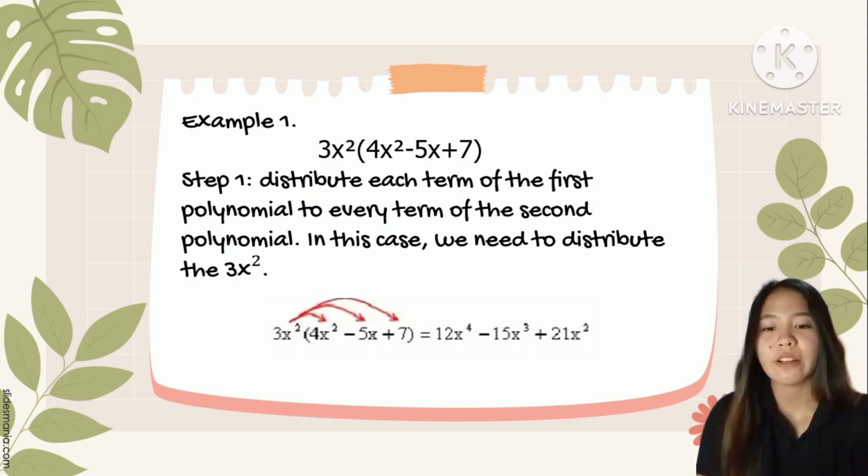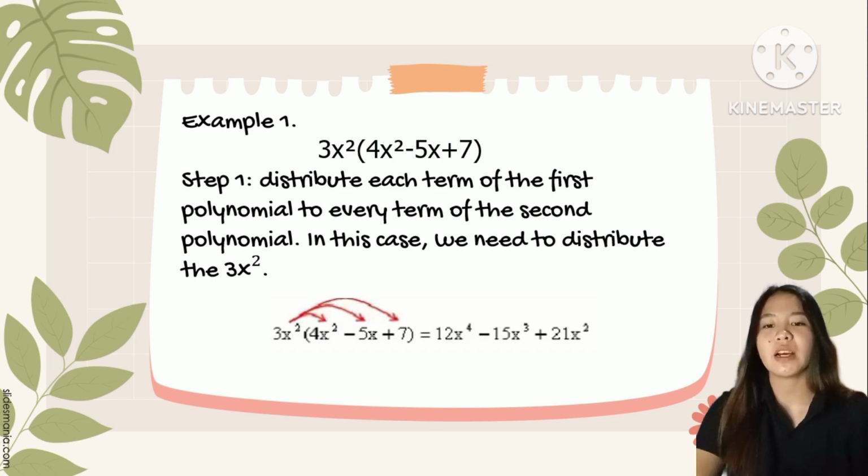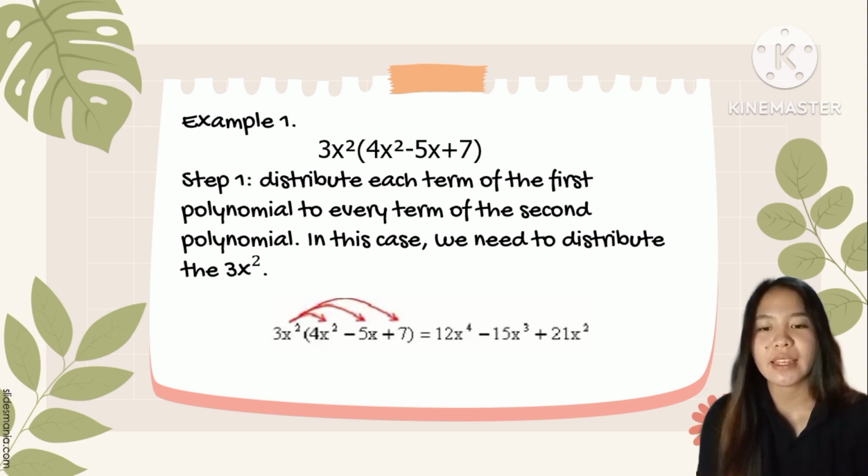We get 12x raised to 4, because we multiply the coefficients 3 and 4 and simply add the exponents. Next is 3x squared and negative 5x. So we got 3 times 5 is 15.